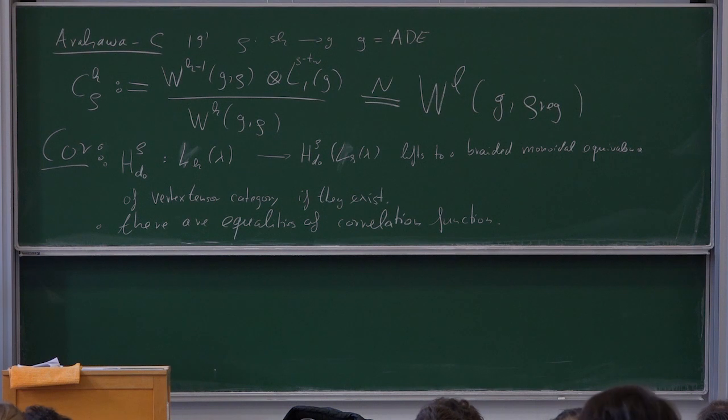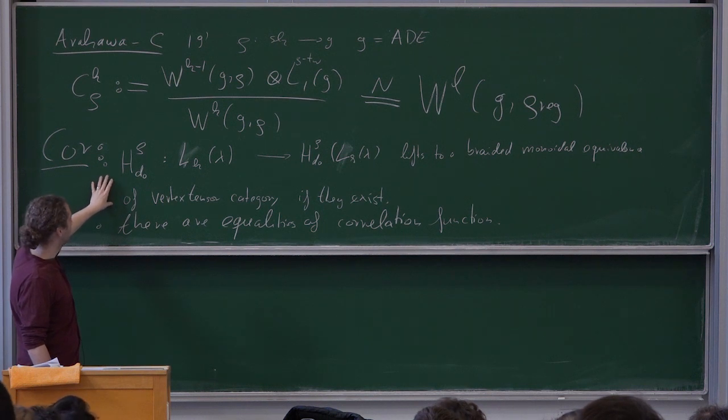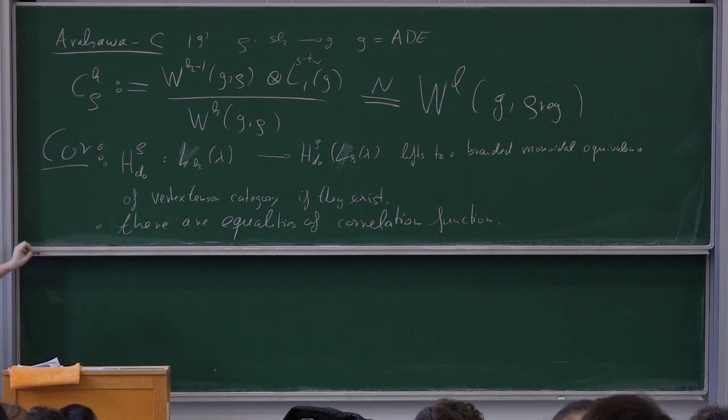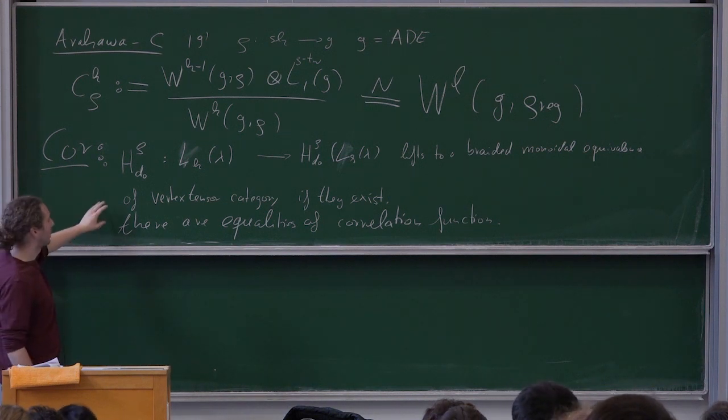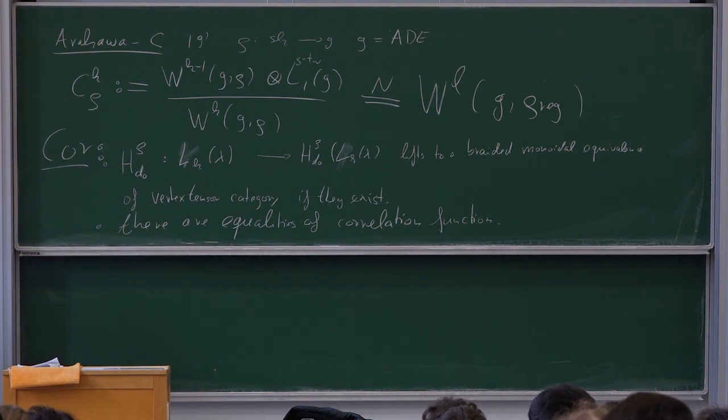But this would be a possible exercise for this afternoon, that we discuss why something like this is happening. So don't be scared. We can do it in SL2. We can do it in a very explicit setting. I think this shows you what a benefit of such a theorem is.